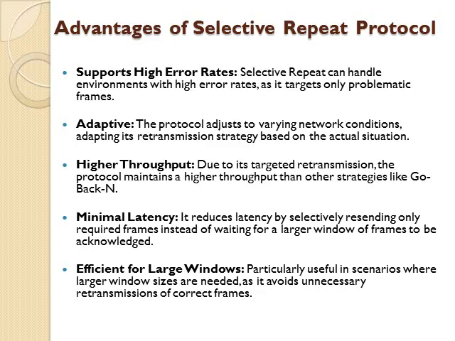The protocol maintains a higher throughput than other strategies like go back N. Minimal latency: it reduces latency by selectively resending only the required frames instead of waiting for a larger window of frames to be acknowledged. Efficient for large windows, particularly useful in scenarios where larger window sizes are needed, as it avoids unnecessary retransmissions of correct frames.